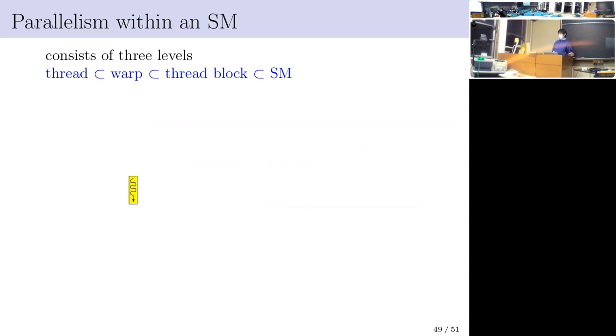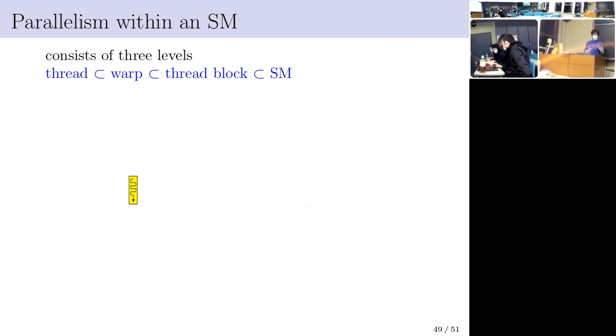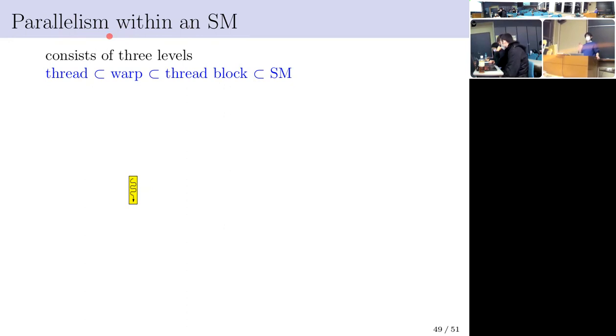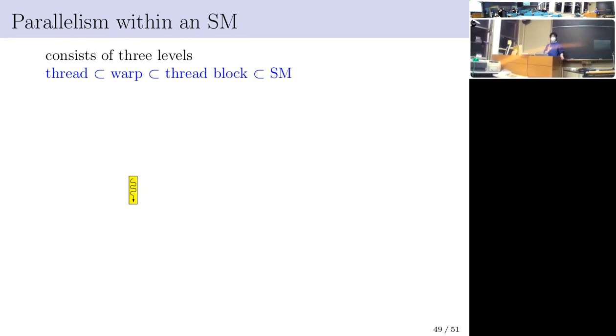And a slightly different thing, from the perspective of performance. Before getting into the specific question of what is the appropriate number of threads within a single thread block, this is how parallelism within a single streaming multiprocessor actually looks.